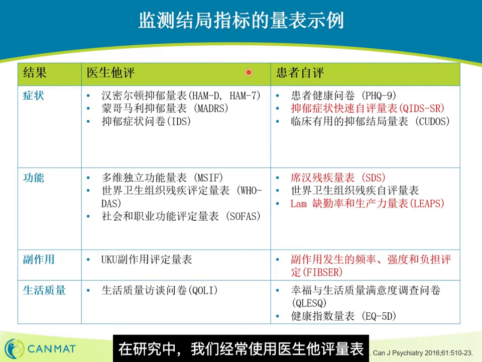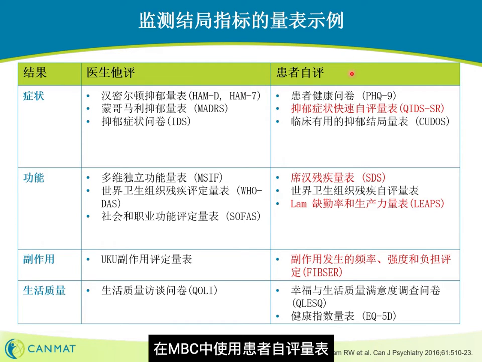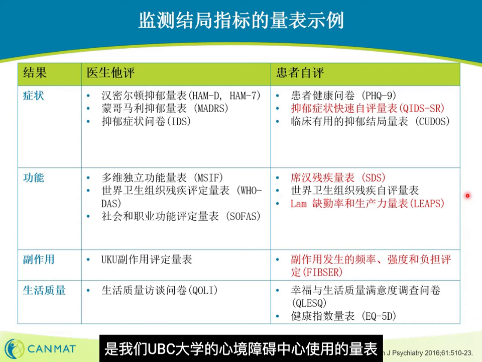For research, we often use clinician-rated scales, but for busy clinical practice settings, we recommend the use of patient-rated scales for measurement-based care because they are much simpler to use. For example, the scales in red are the scales that we use in the Mood Disorders Center at the University of British Columbia.